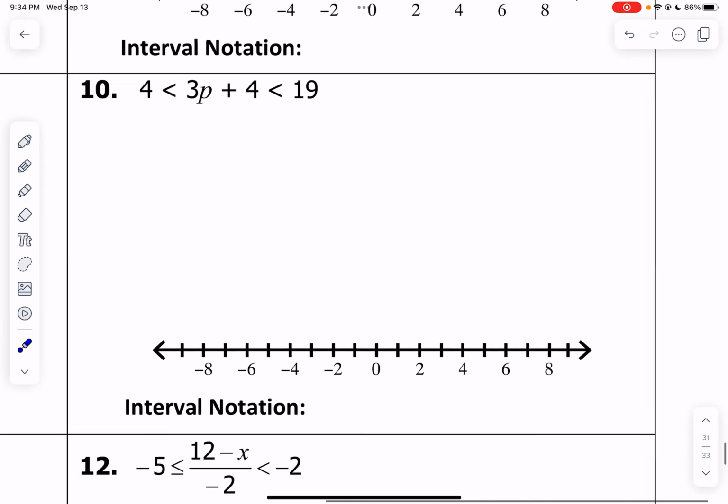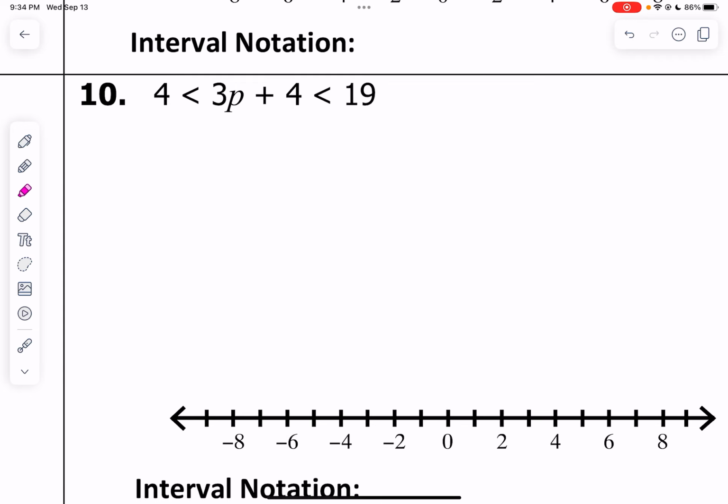Same idea for number 10. Our goal is to look at this middle section and isolate the variable they give us. Here it's P. So let's go ahead and isolate P. We do that by subtracting 4. So we subtract 4 from all sides. So therefore, 4 minus 4 is 0 is less than 3P. This cancels out, is less than 15.